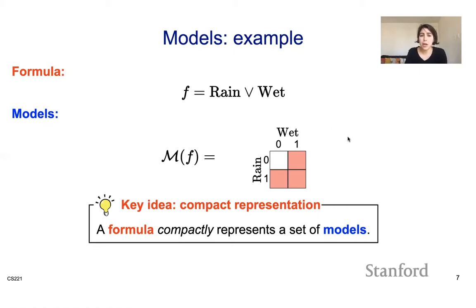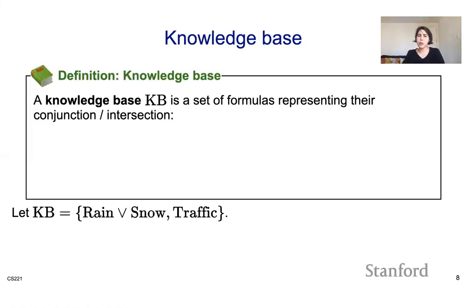All right, so that was formulas, models, and interpretation functions. What we now want to think about is how we could do operations here, and what new formulas would add in terms of meaning to the knowledge that we already have. For that, let's define something called a knowledge base. A knowledge base is a set of formulas that I already know.